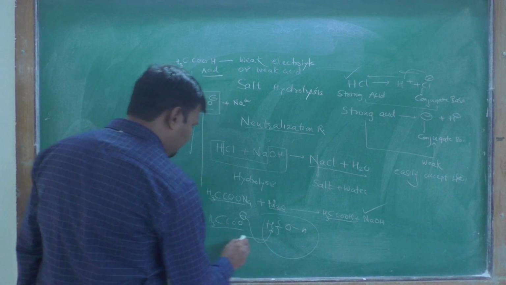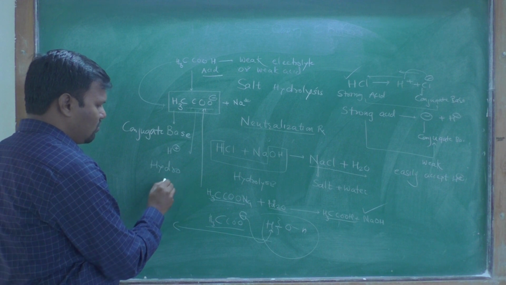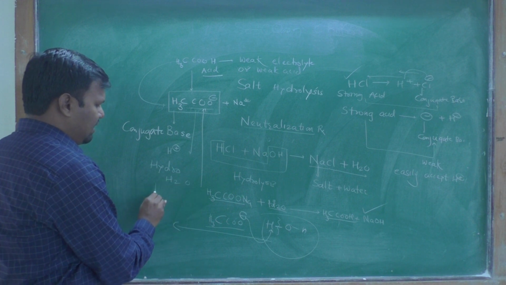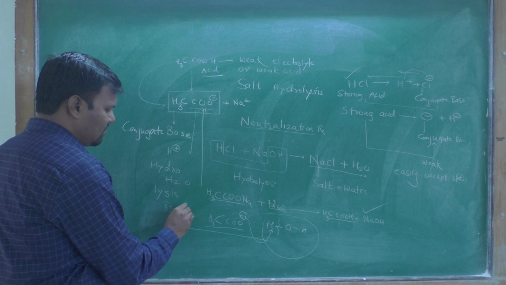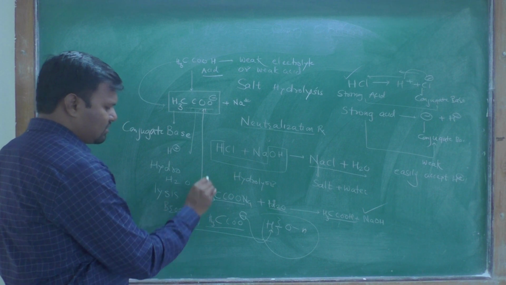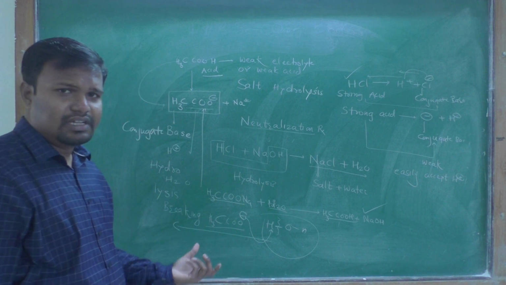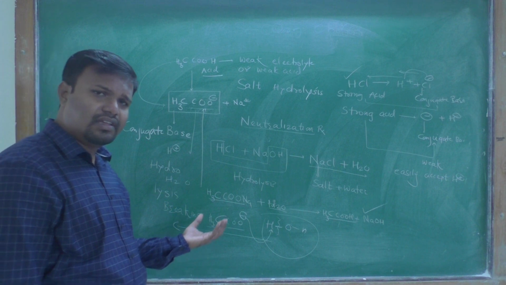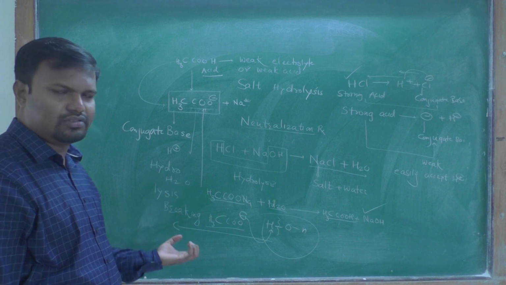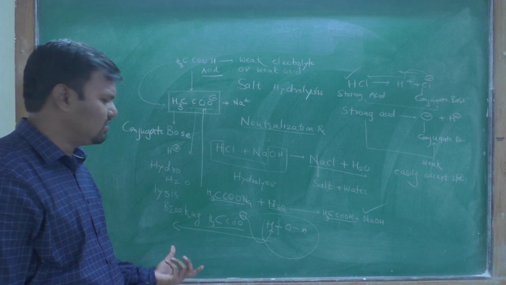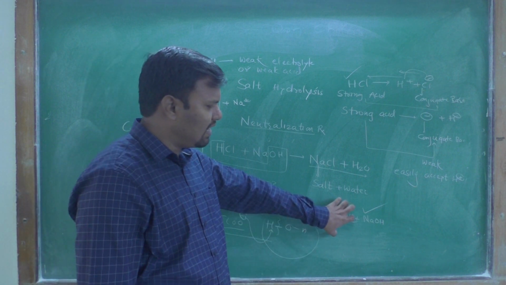Hydro means H2O, and lysis means breaking. Okay, in this case breaking of water takes place by the salt. This is a hydrolysis process. Water is broken by salt and gives acid and base.